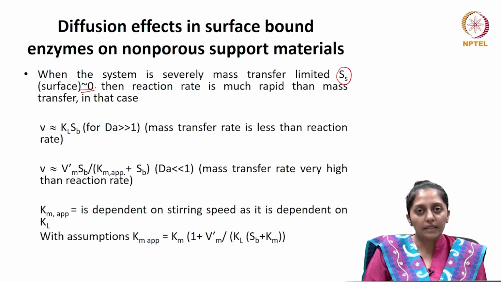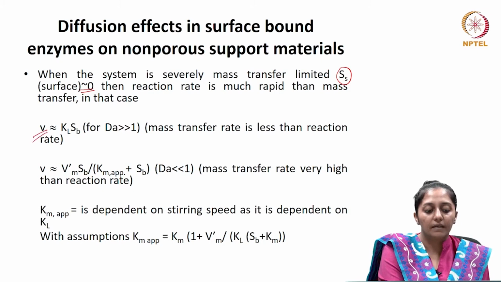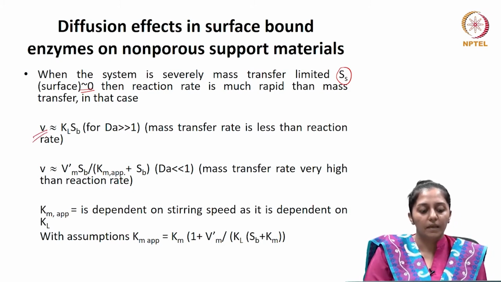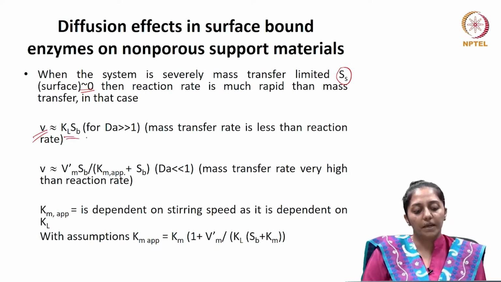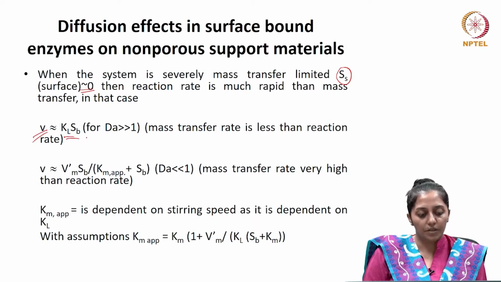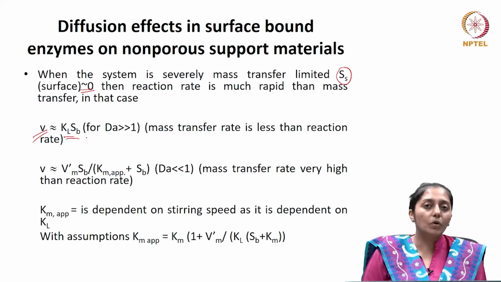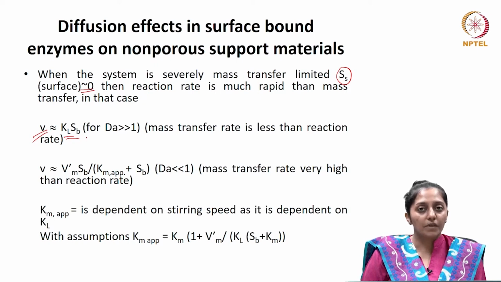And if that happens, your reaction rate is governed by the mass transfer rate, which will be the mass transfer coefficient multiplied by the bulk substrate concentration. This is the case when the Damköhler number is very high, which means it is a mass transfer limited system rather than reaction rate limited.